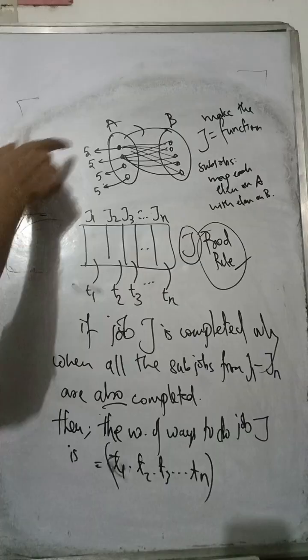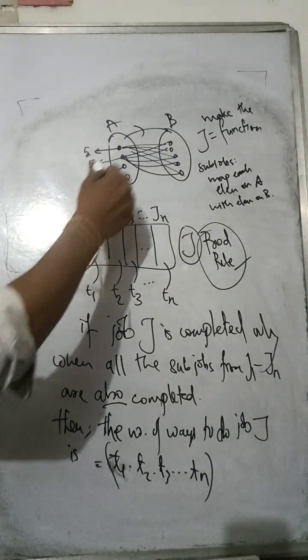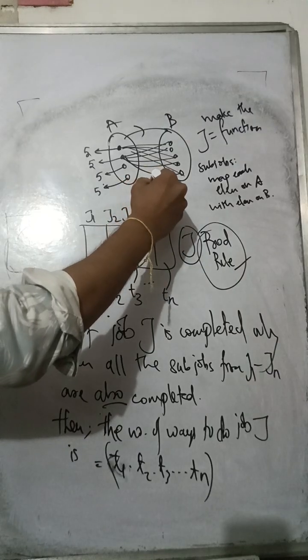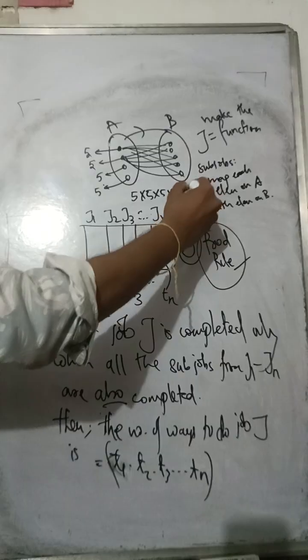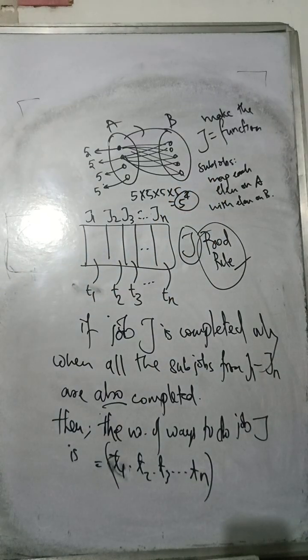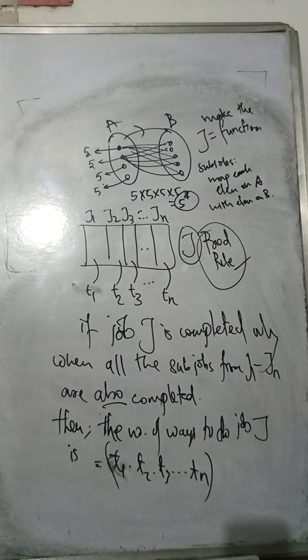How many ways can you map each element? 5, 5, 5. So the total number of functions is 5 into 5 into 5 into 5, which is 5 power 4. This is basically using the product rule. That is why we multiply them. Product rule told us that we must multiply them, not add them.